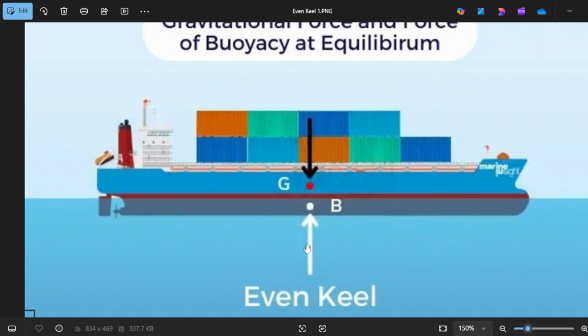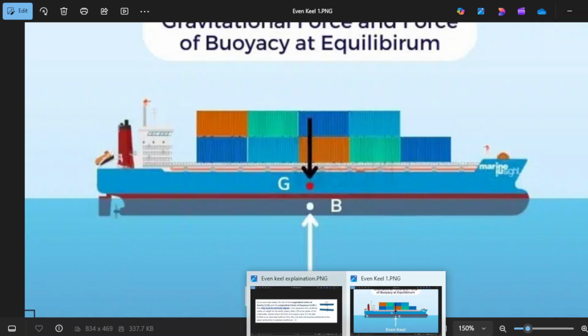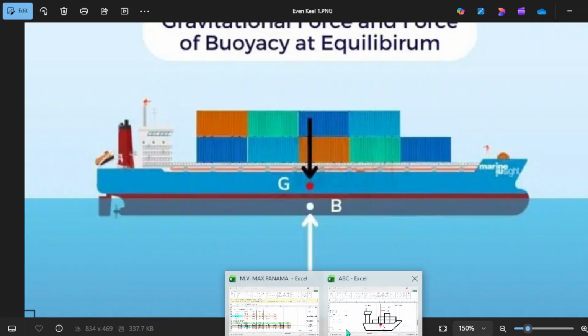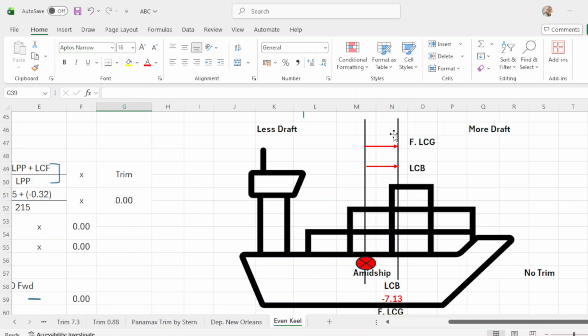Since they are in one line, meaning they are even keel. So there's no trim here, no trim by the stern, no trim by the head. They are even keel because they are in one line, as in my drawing here. The final LCG and LCB are in one line.